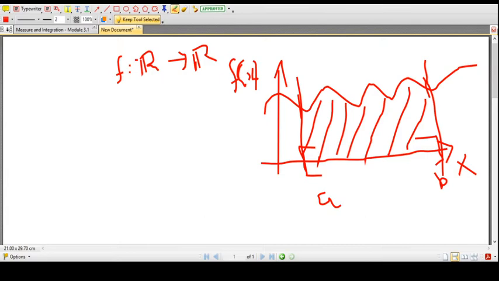How to integrate? First of all, we partition the closed interval [a, b] into n subintervals.